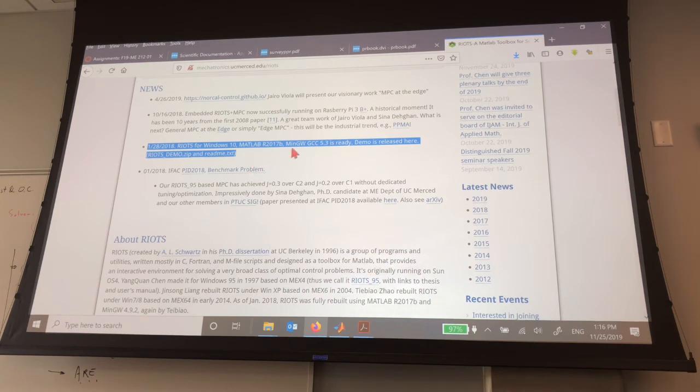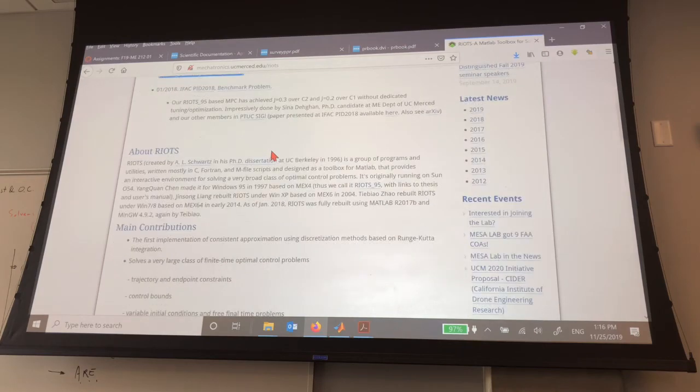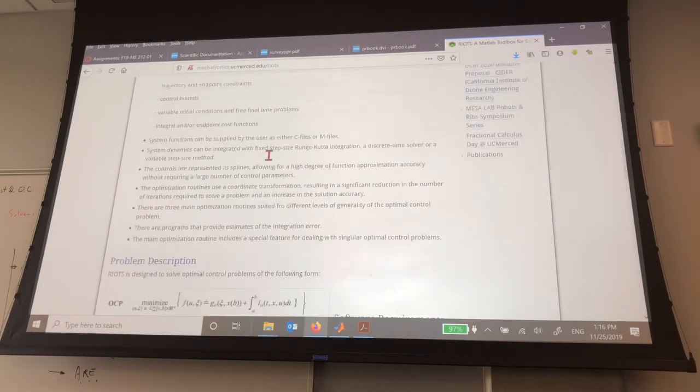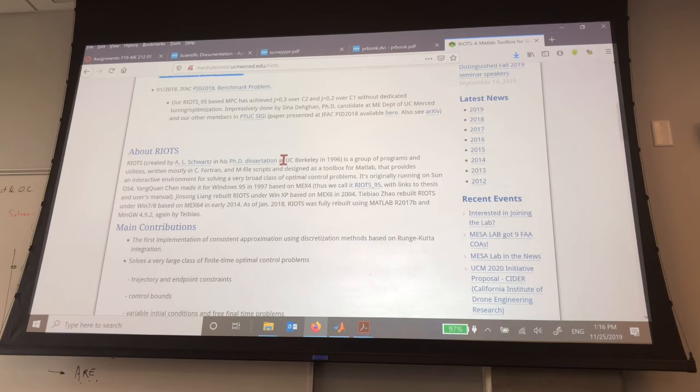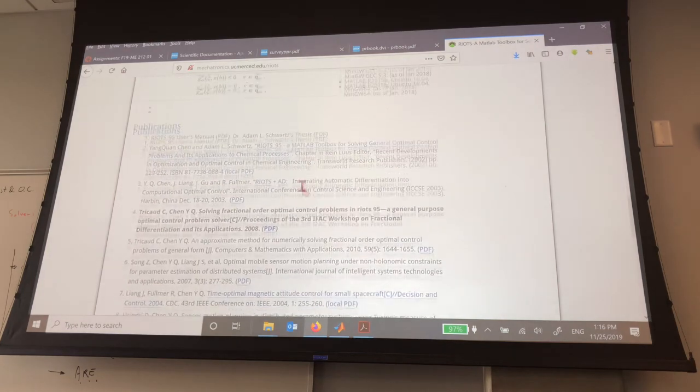We used a free compiler and we were able to release it. The build was successful. So here are the dissertation and also the user's manual.